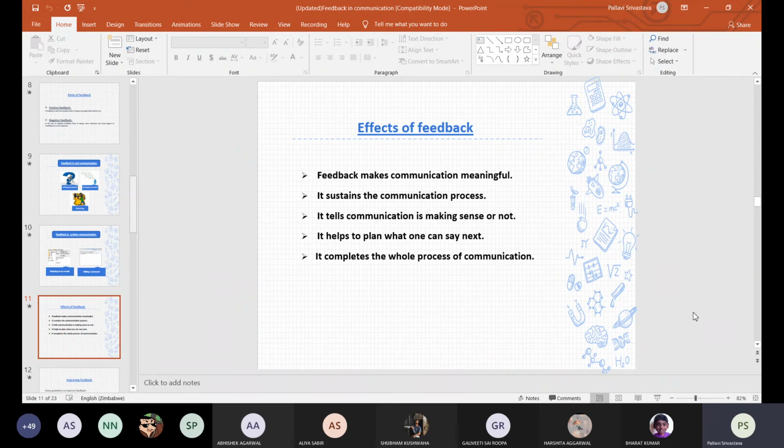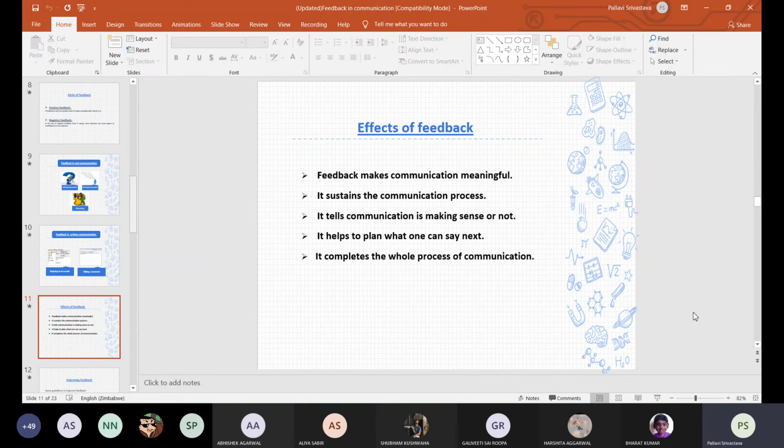It's not like you tell someone, okay, I'll come to your office tomorrow at 10 o'clock, and the other person says that I will not be able to meet you there, or I'll be absent tomorrow. So you cannot tell that person, at 10:30 I'll leave. This will make no sense. So how is this communication process sustained? It is sustained through the receiving of feedback.